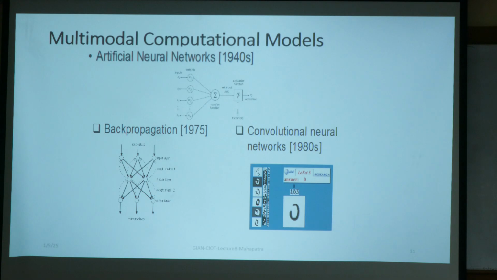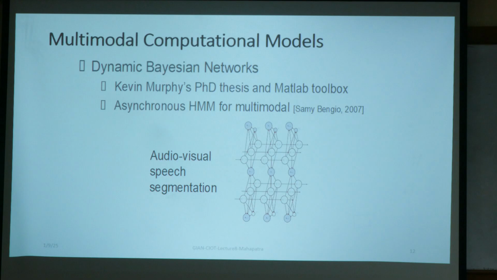Now, more additional models are being used in this area for multimodal computation, which are ANN, backpropagation, or simple CNN. And for this multimodal computation, you also have, I hope some of you have heard about, dynamic Bayesian networks.